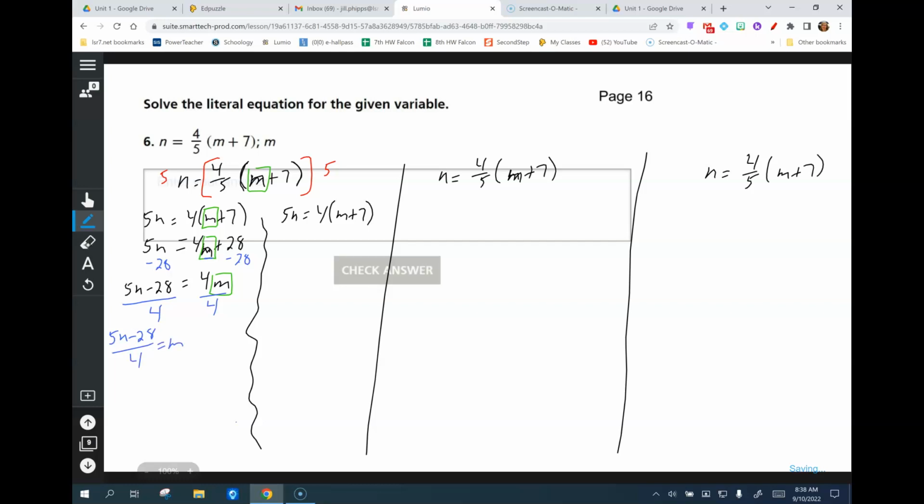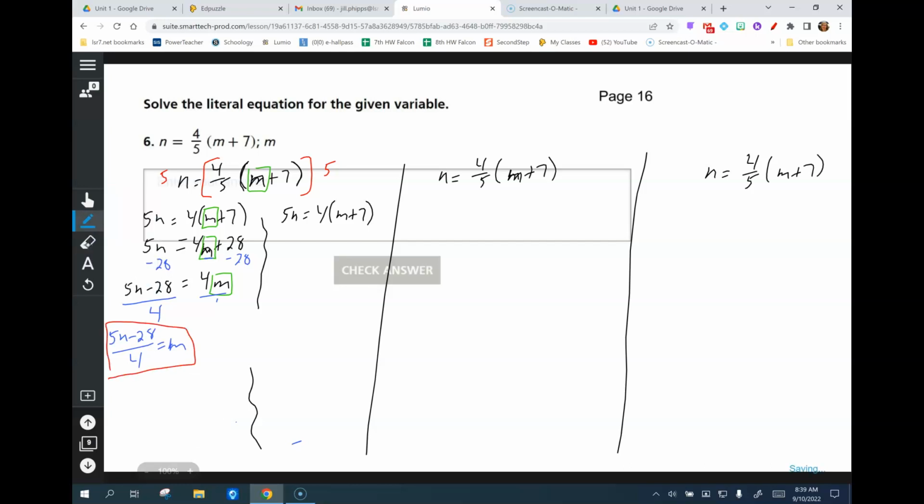The other way I could have done this, I'm going to go back for just a second here. I have 5n minus 28 over 4 equals m. Well, let me just simplify from here. So I get this. Now, what I can do from here is this is one answer already. This is an answer.